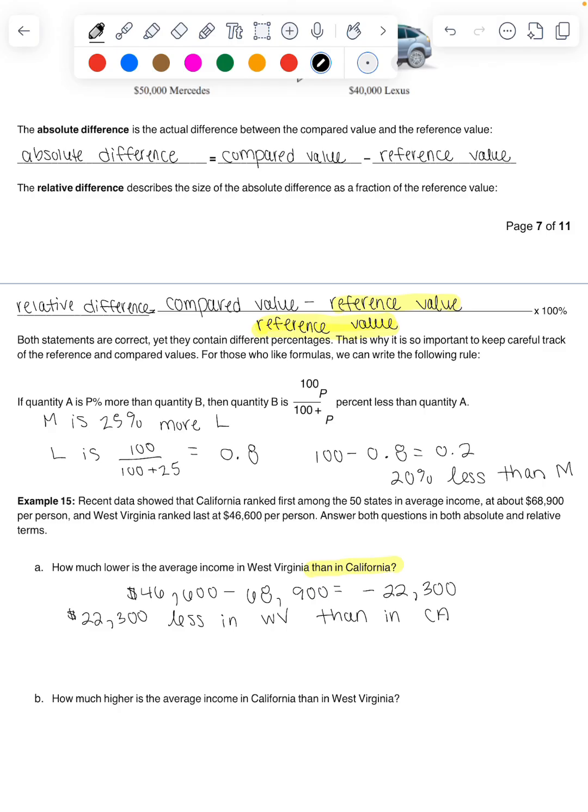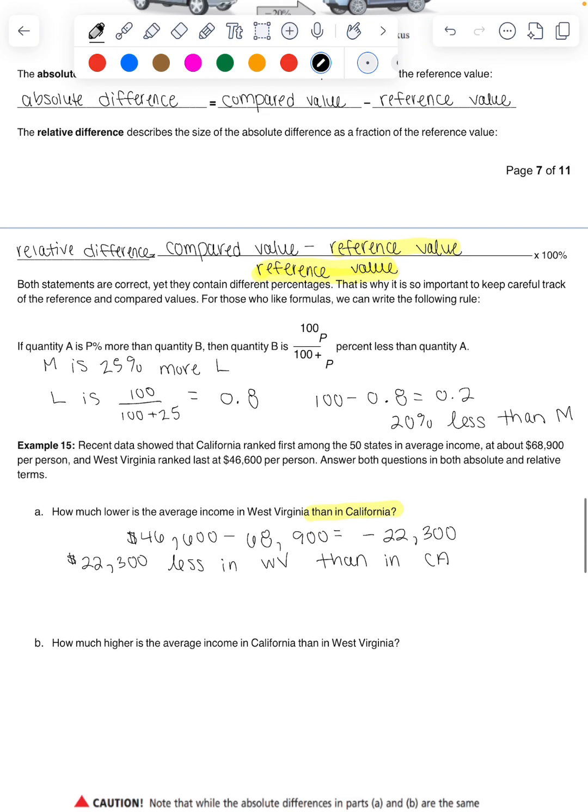Let's go ahead and find the relative difference because we just found the absolute difference. So we would do West Virginia minus California over California. Well, we already did West Virginia minus California. That was what we did in the first step. We got negative 22,300 divided by the California income, which was 68,900.